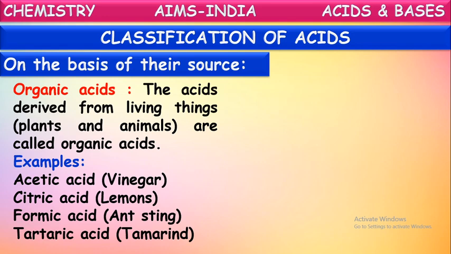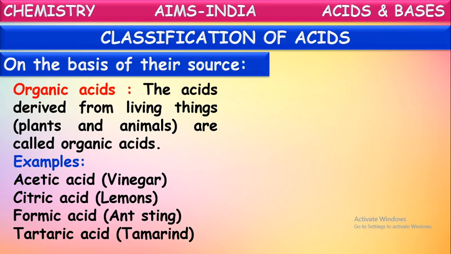Tartaric acid is present in tamarind and grapes, and lactic acid is present in milk, sour milk and curd. These acids are derived from natural sources like animals and plants. So these acids are called organic acids or natural acids, because their sources are natural substances.